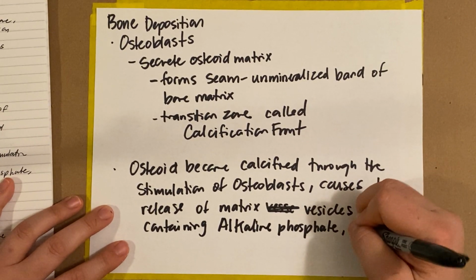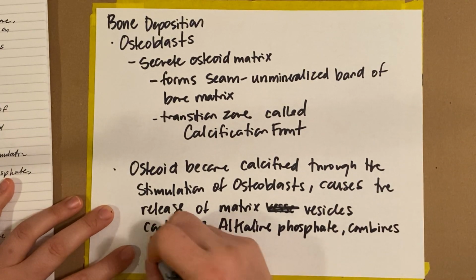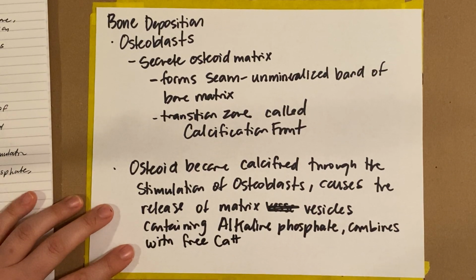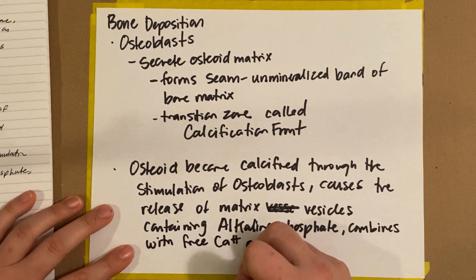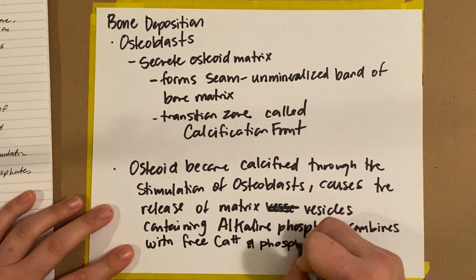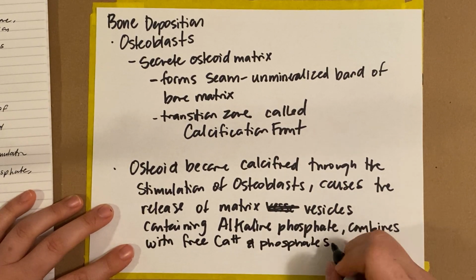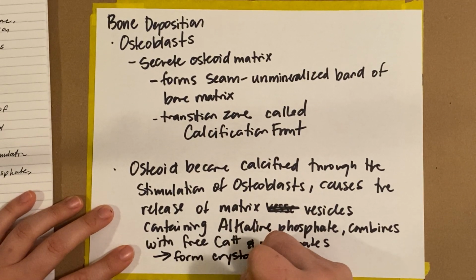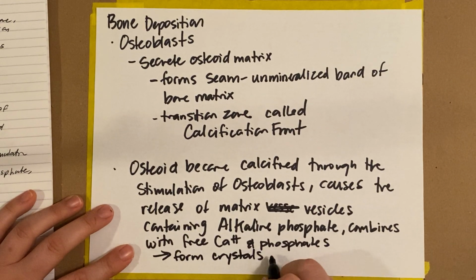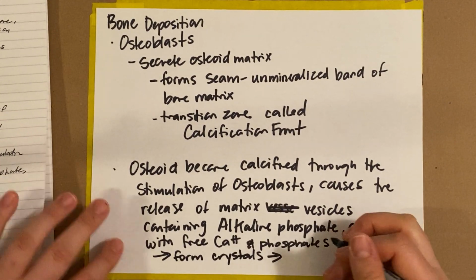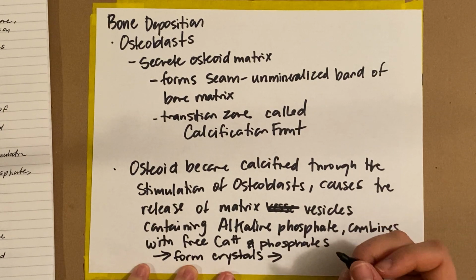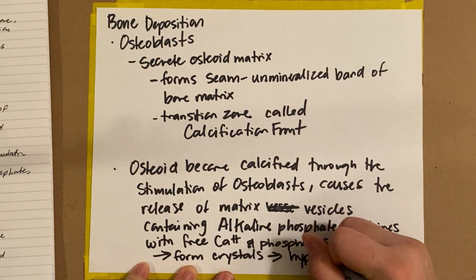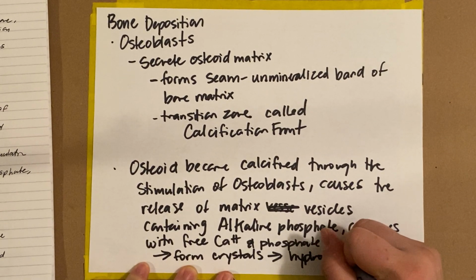This then combines with free calcium ions and phosphates. Okay, they form crystals which then give rise to the bone calcified tissue, which is called hydroxyapatite.